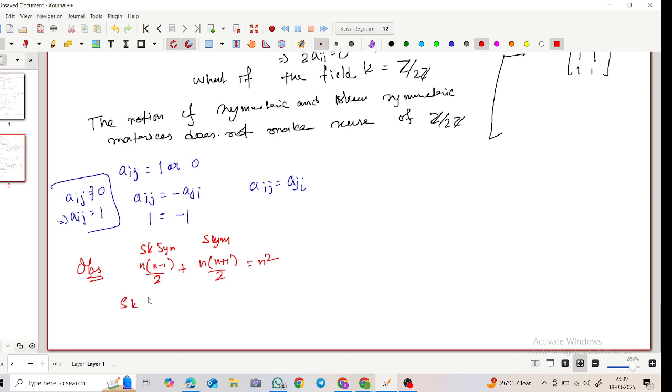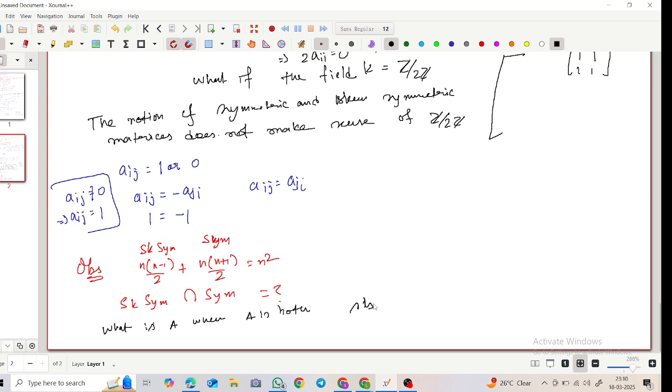And what is the intersection, by the way? What is A when A is both symmetric and skew symmetric? Zero matrix, right?